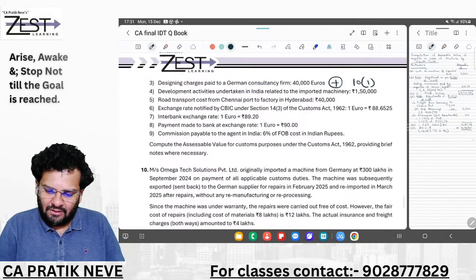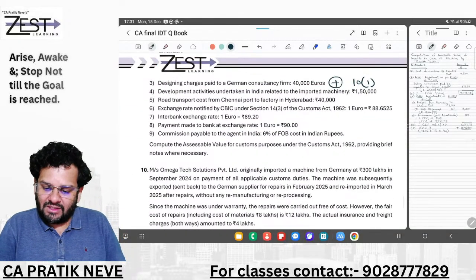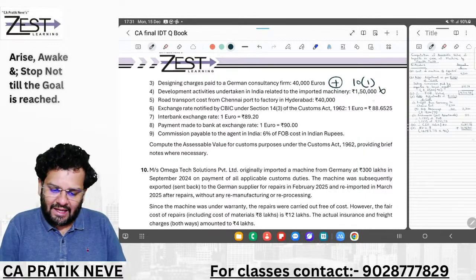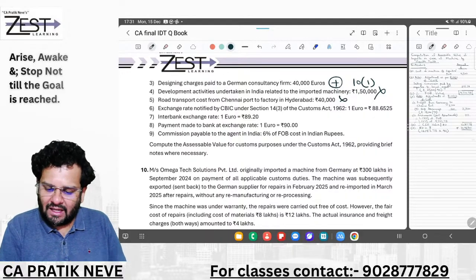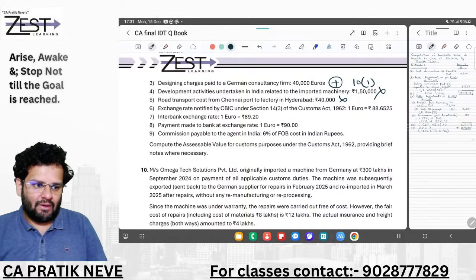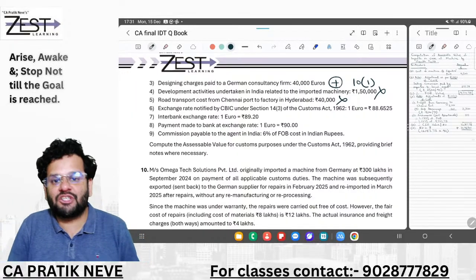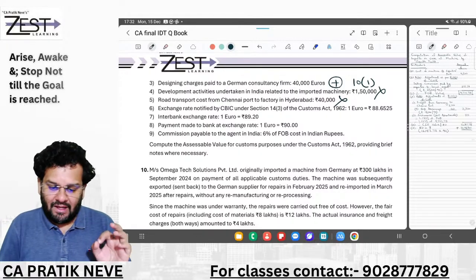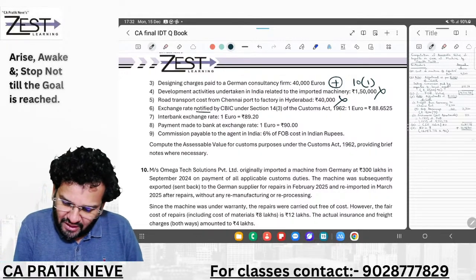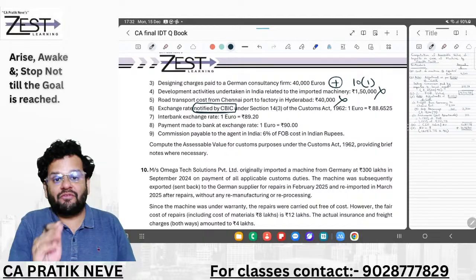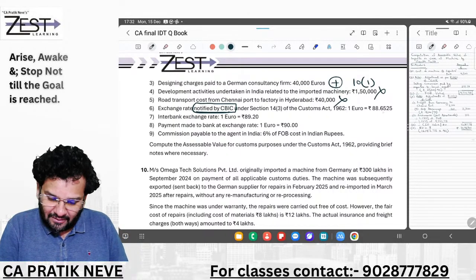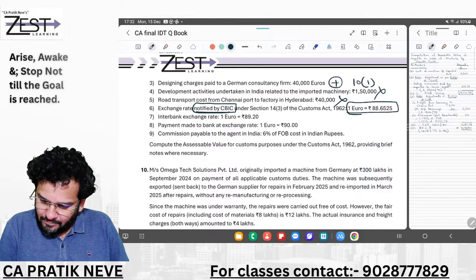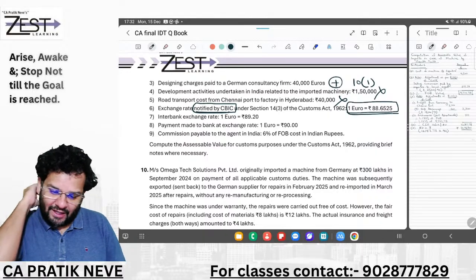Very nicely given. Yes. Development activities undertaken in India in relation to imported machine, neglect. Road transport cost from Chennai port to factory in Hyderabad, neglect. Why neglect? Post importation transport cost. Exchange rate notified by CBIC. So if exchange rate notified by CBIC is there, please consider that. 88.6525.